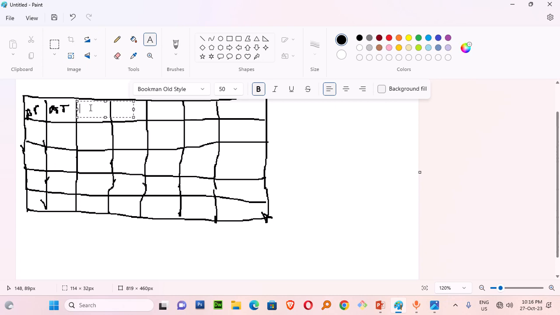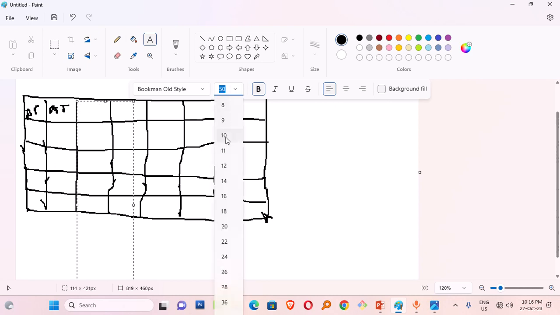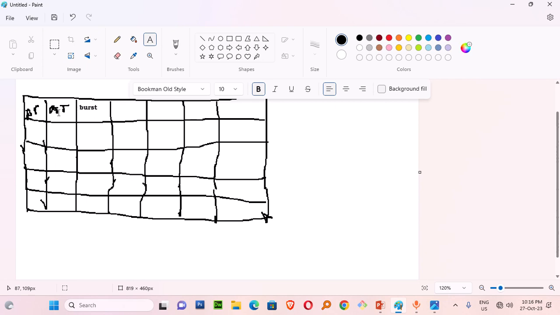Yes, this one is the burst time. Let me reduce the size a little.